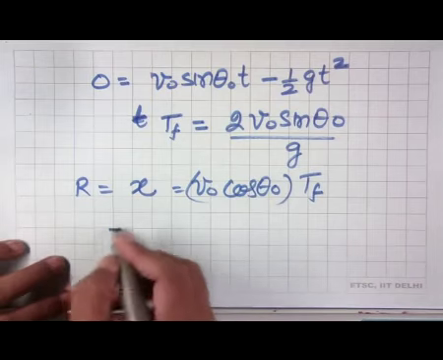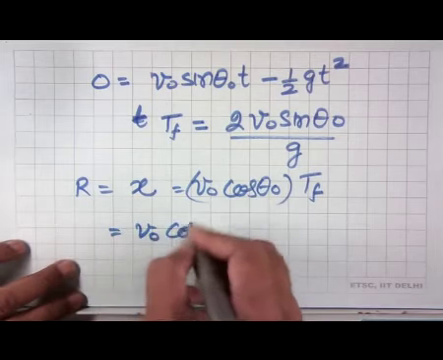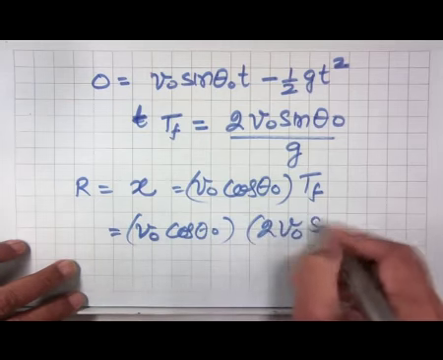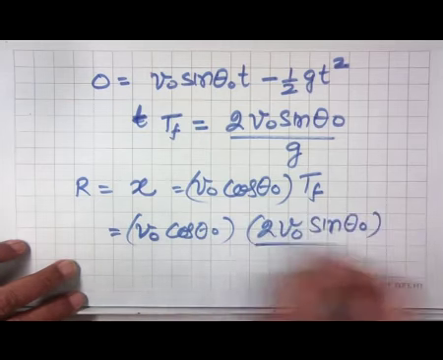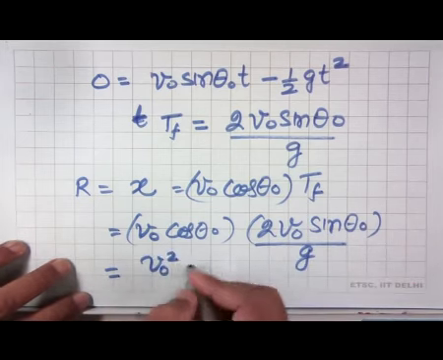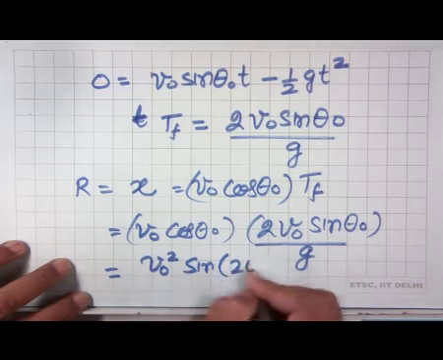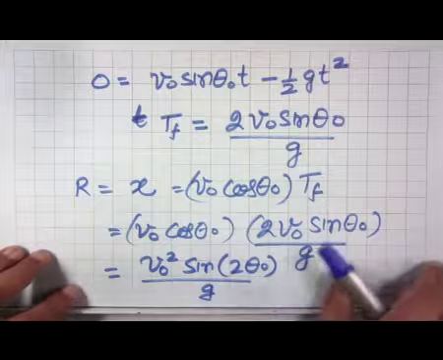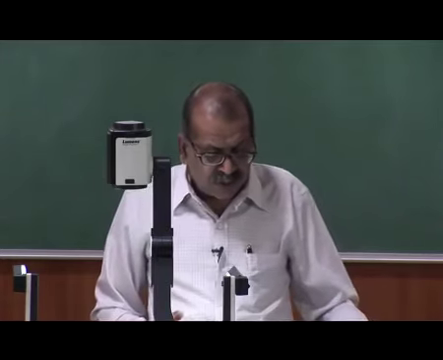So, this will be equal to V0 cos theta 0 times 2 V0 sin theta 0 upon g, and this becomes equal to V0 square sin of 2 theta 0 upon g. So, we have seen the formula for the range.